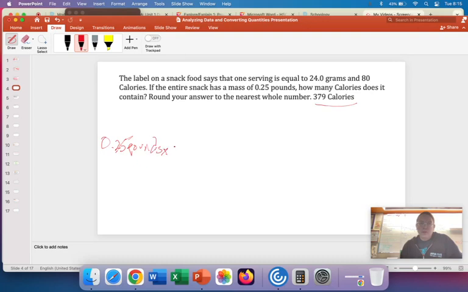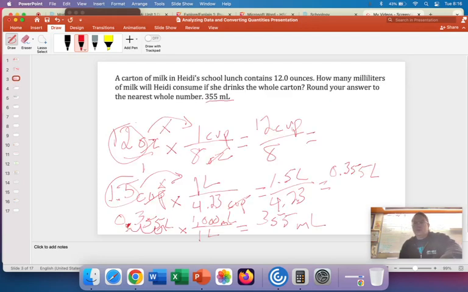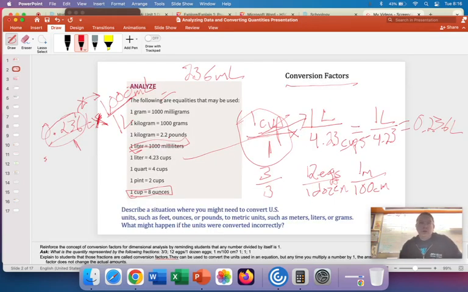This conversion factor we're going to use relates grams to calories. So I want to somehow get from pounds into grams. I can see that 2.2 pounds is a kilogram.